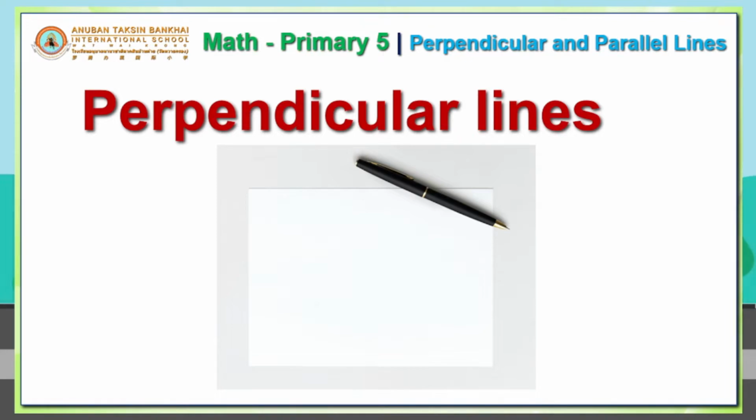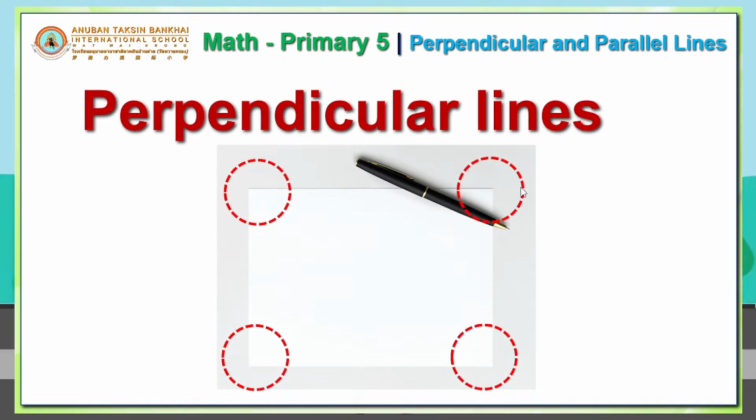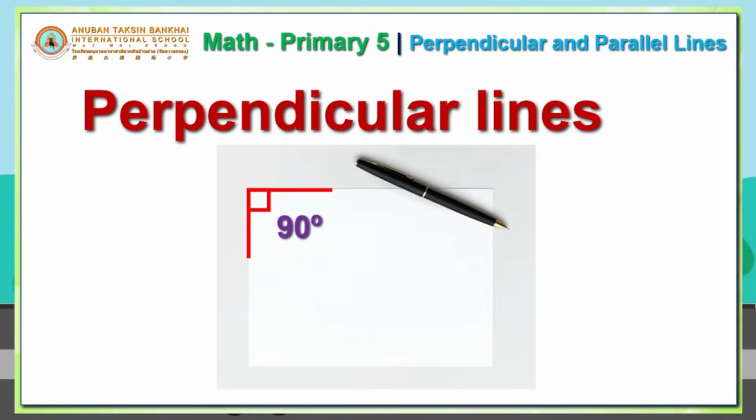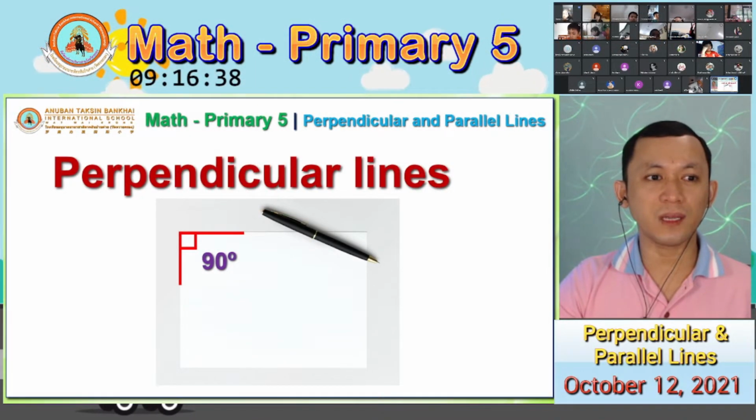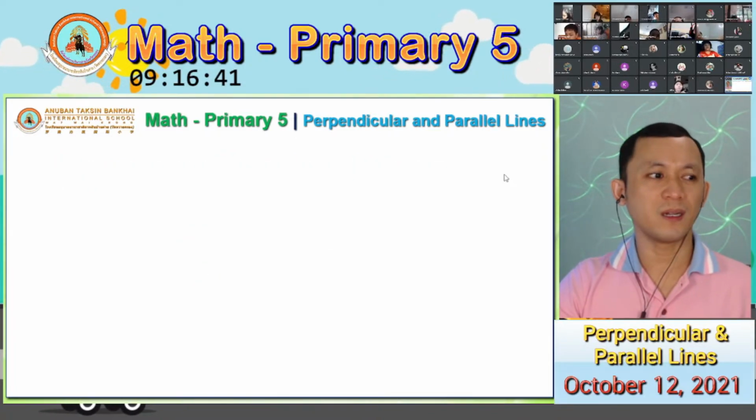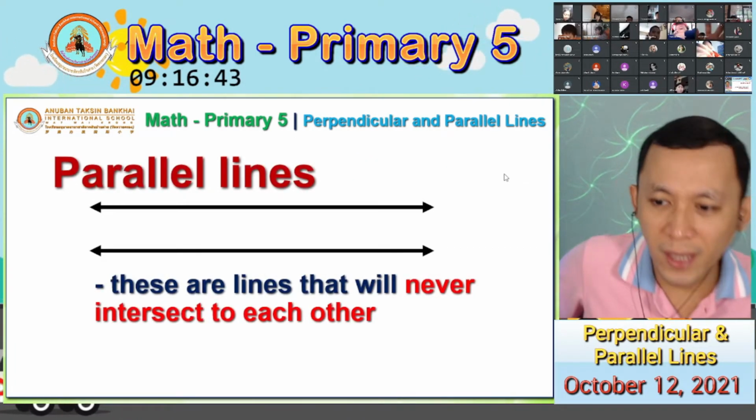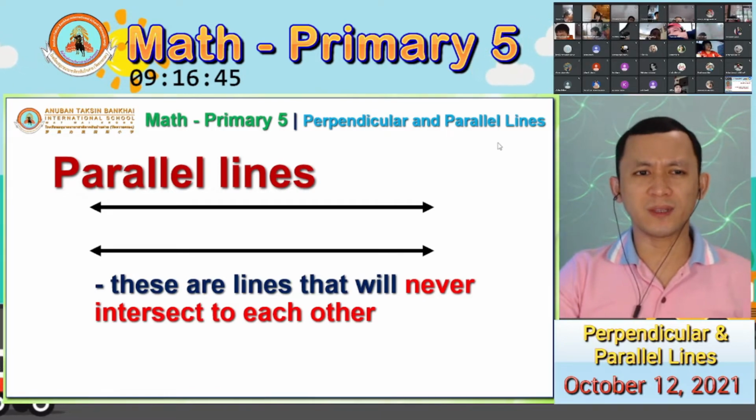Where? Here, at the paper. This is 90 degrees. Okay, so if there is a 90 degrees, that's a perpendicular line.